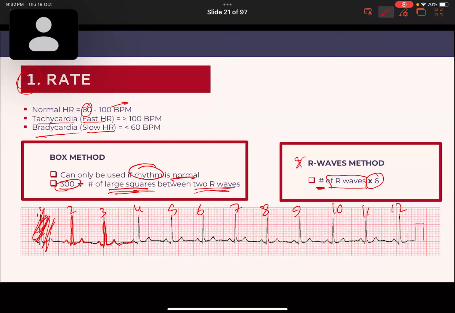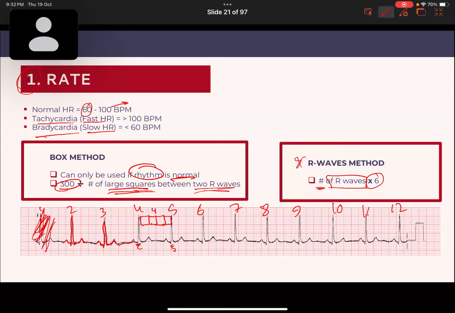So you take any two R waves and you count the number of large squares. I'll take this R wave or this R wave. Let's count them. This is one large box, second large box, third large box, and fourth large box. So those are 4 large boxes.